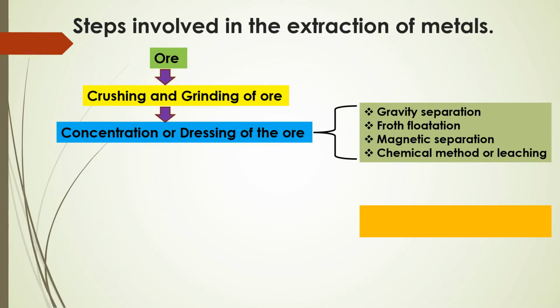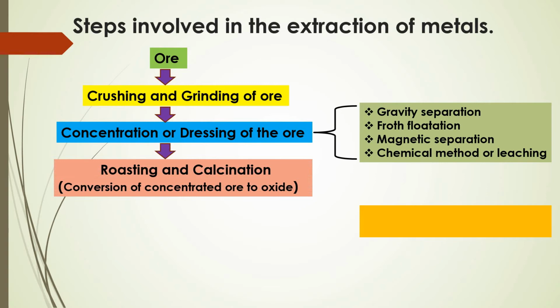So concentration or dressing of the ore can be done by any of these four methods. After concentration, the concentrated ore needs to be converted into its oxide. That conversion can be done in two ways: roasting and calcination. So this is the third stage.